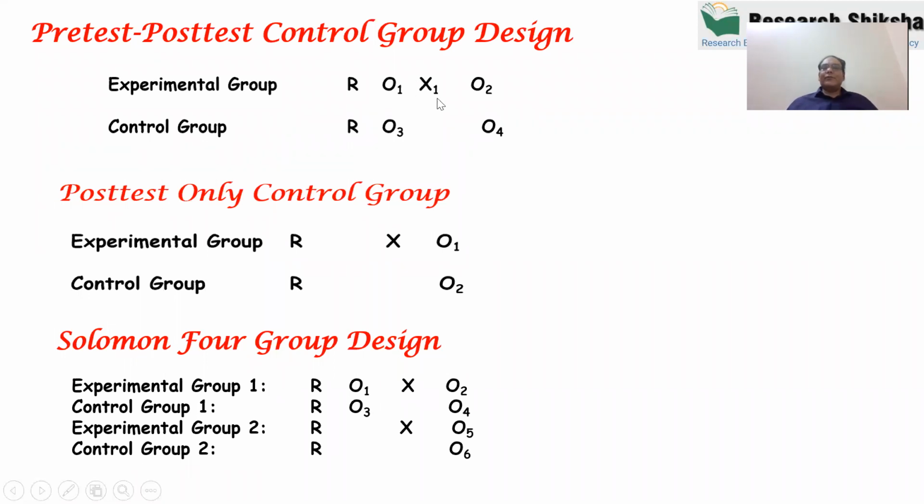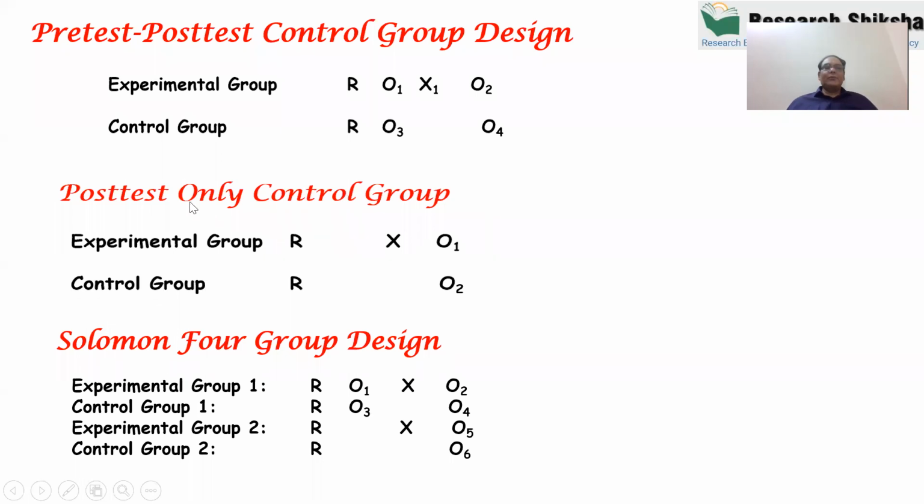Then you introduce the experiment on the experimental group and measure O2. No experiment in the control group, and measure O4. And here the purpose is to show that O2 should be greater than O4. Why? Because you have to prove that the experiment is better. The experiment has a significant effect on the performance or the outcome variable. This is the most popular design among experimenters, so they adopted this design.